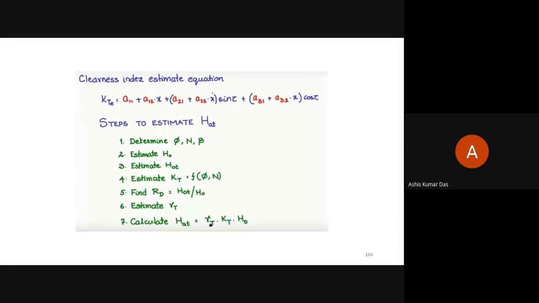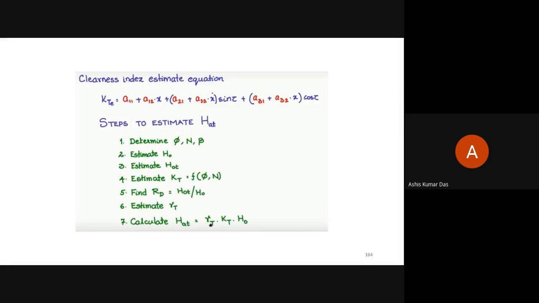Now if we put all these values in a script file in a MATLAB or Octave program, then we can easily find the clearness index at any latitude by substituting it for x and computing the values through the estimate equation. The latitude need not be one of the places where we have measurement data.